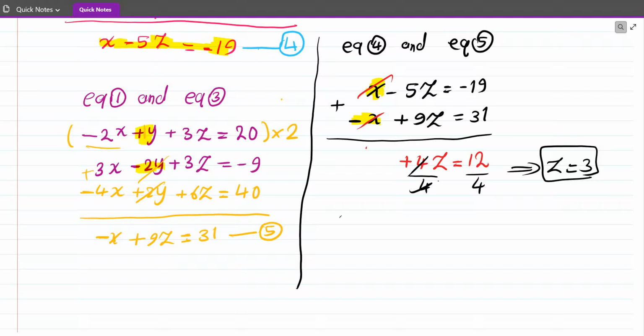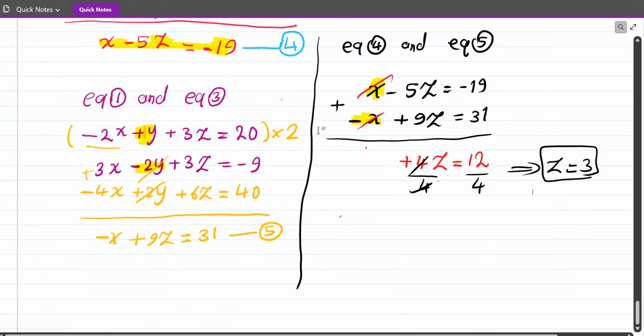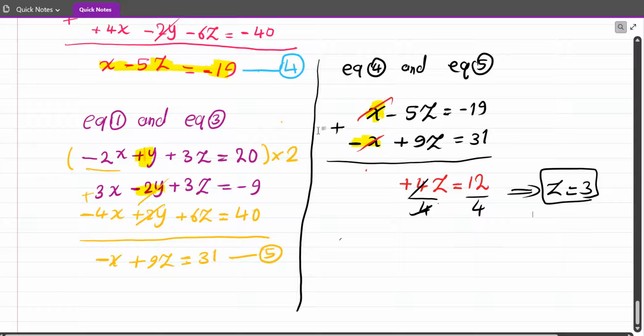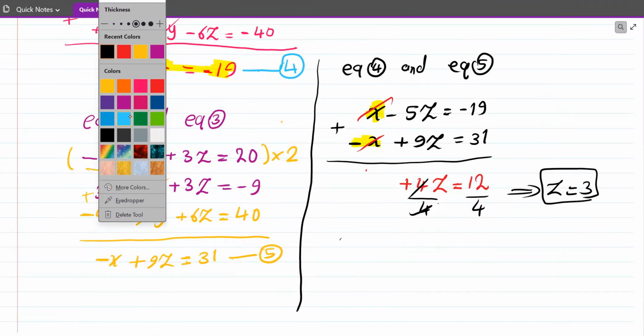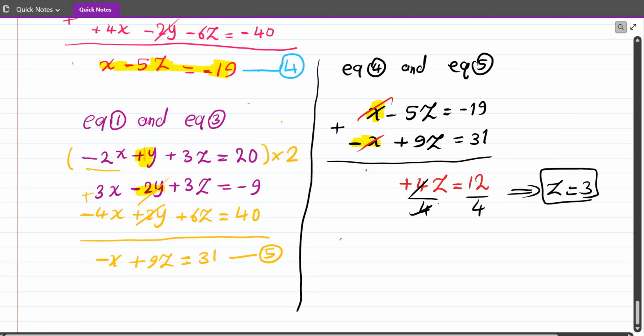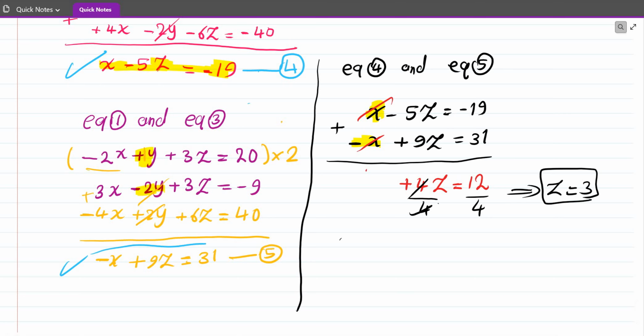So by going back to equation 4 or 5, either in equation 4 or in equation 5, we have only x and z, so it's easy.